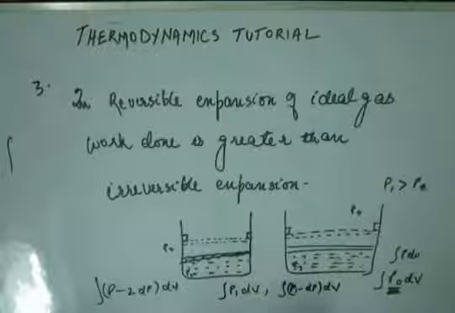So the work done in the reversible case is going to be higher than in the irreversible case. The highest amount of work will be done in the reversible process, and the least amount of work will be done in the single step irreversible process.